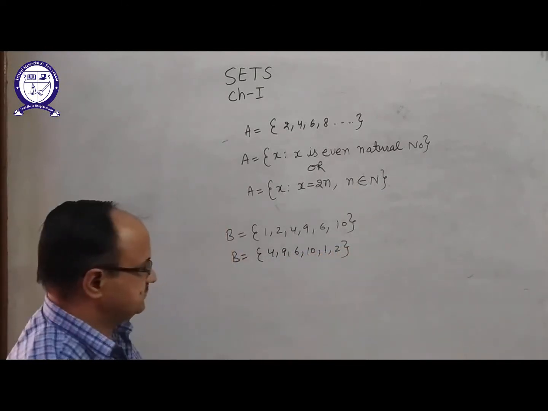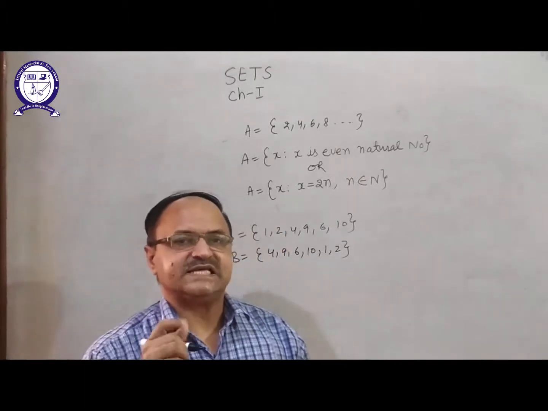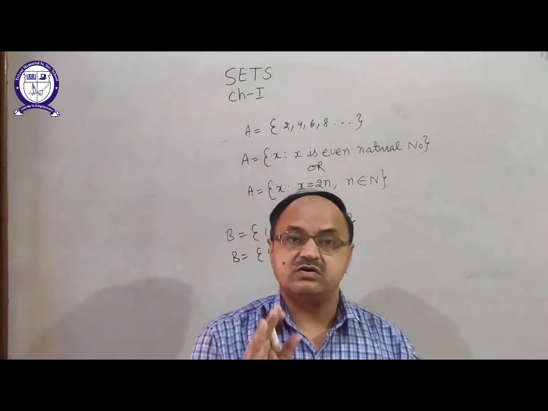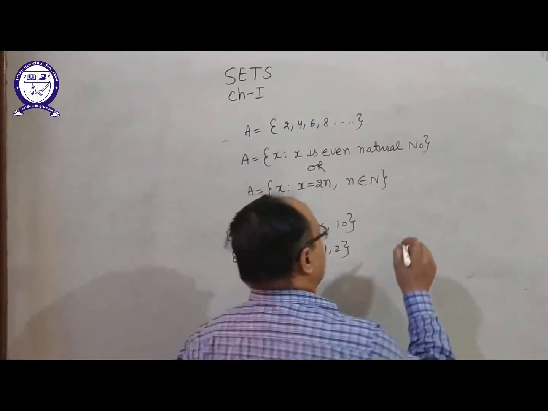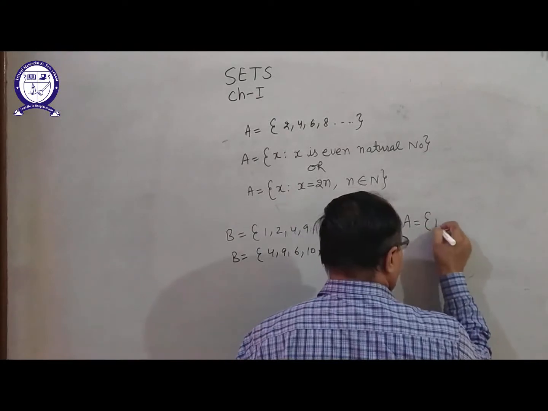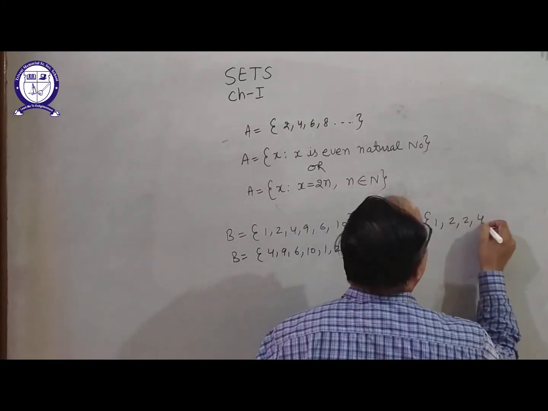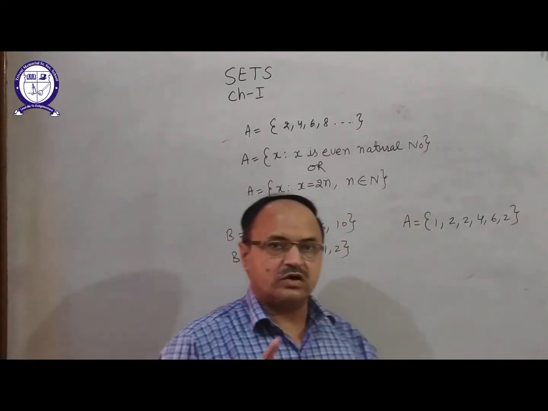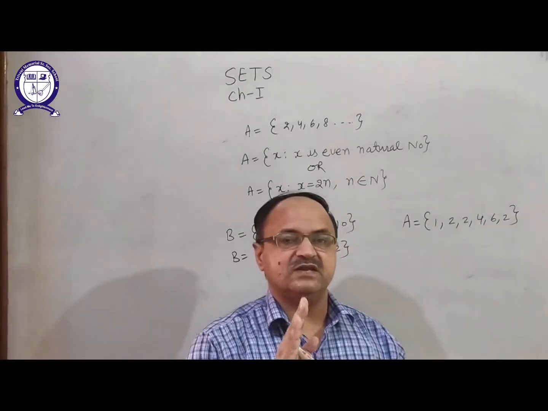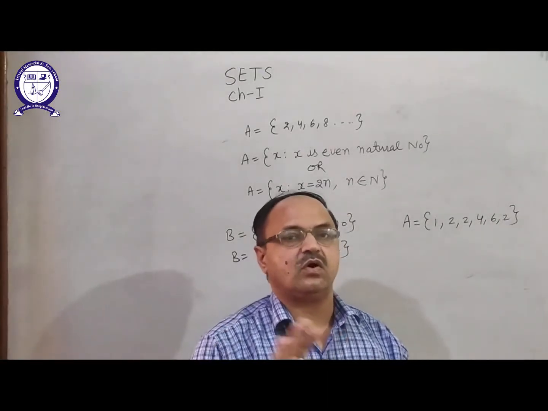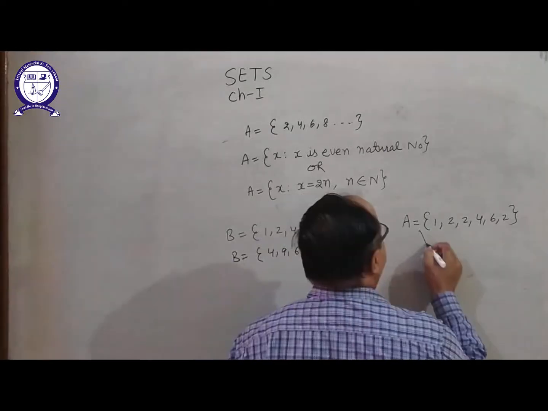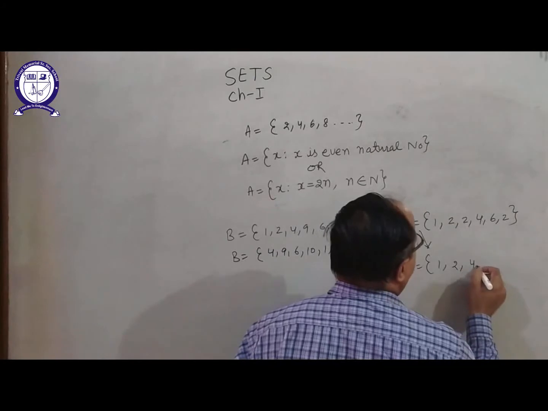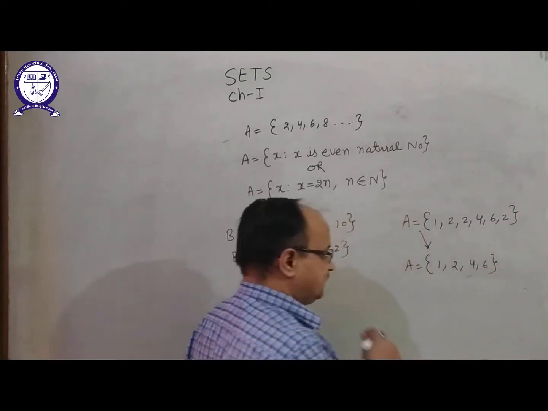The same meaning. Clear? But you know that in sets, elements are not repeated. You can't write like {1, 2, 2, 4, 6, 2}. Elements or members of sets are not repeated. So you write {1, 2, 4, 6}. Clear?